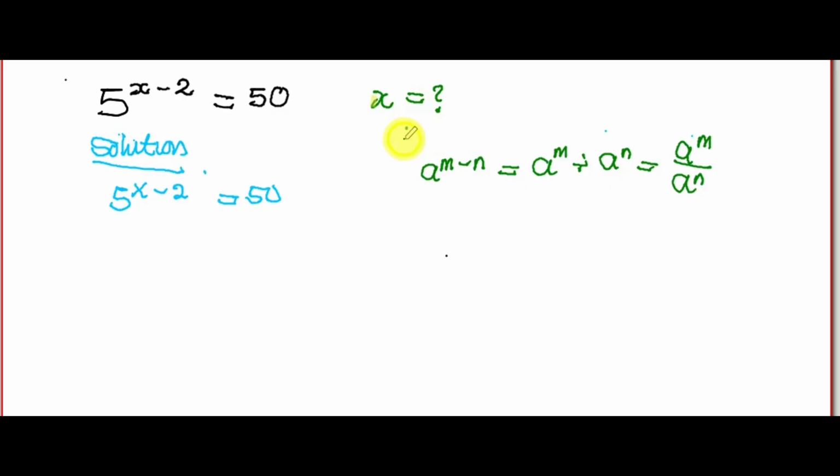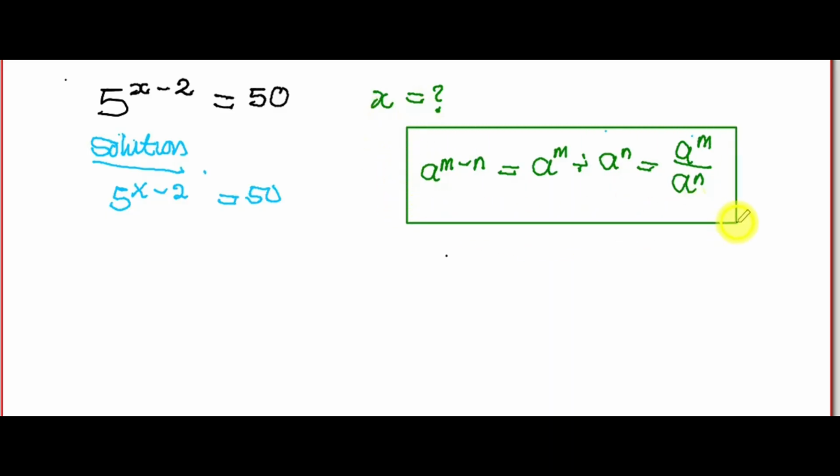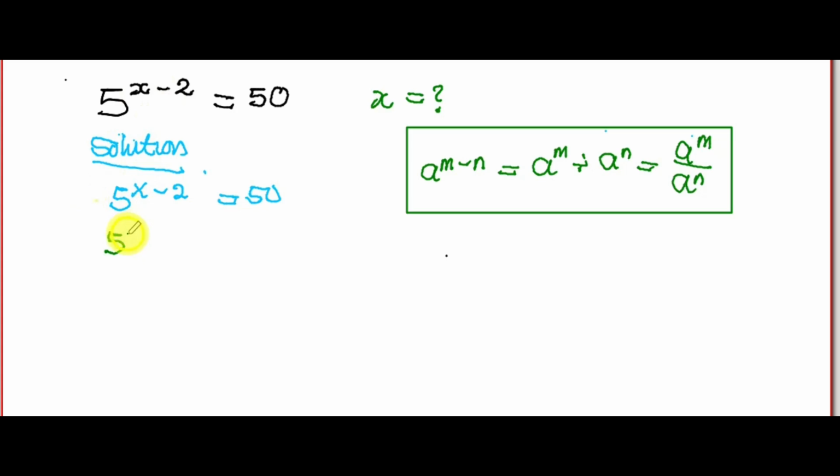So applying this rule, we will have this written as 5 raised to the power x divided by 5 raised to the power 2 equals 50, right?